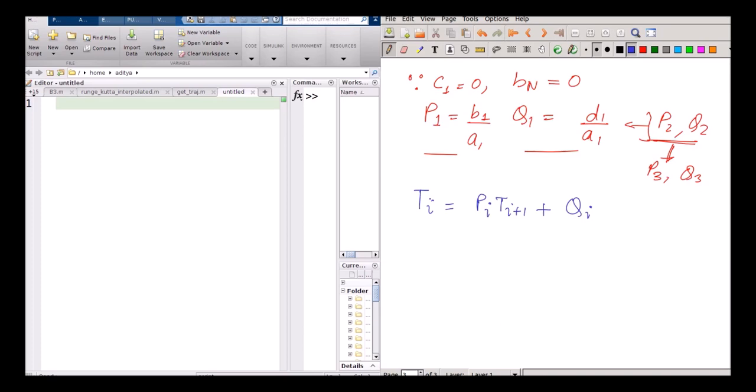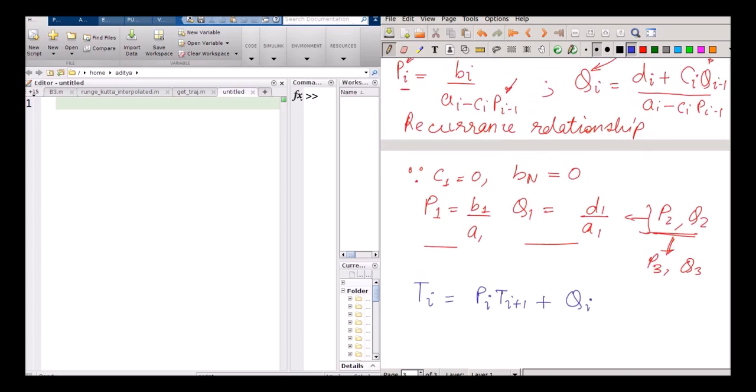If we focus on the equation for Pi and set I equal to capital N, then Pn would become equal to Bn by An minus Cn Pn minus 1. But because Bn is equal to 0, Pn is equal to 0, and thus Tn is simply equal to Qn.